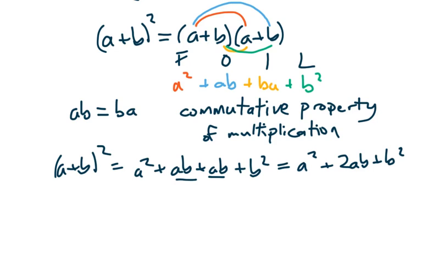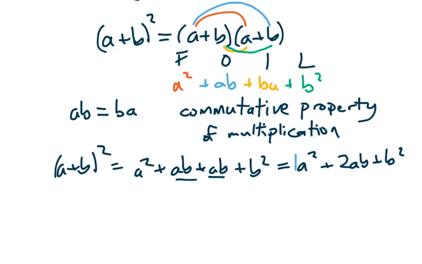Now the thing about this lesson and Pascal's triangle is that we want now to pay attention to these coefficients. What is the coefficient of a squared? Well, it's got to have some coefficient, right? What can I multiply by a squared to get a squared? The answer, 1.